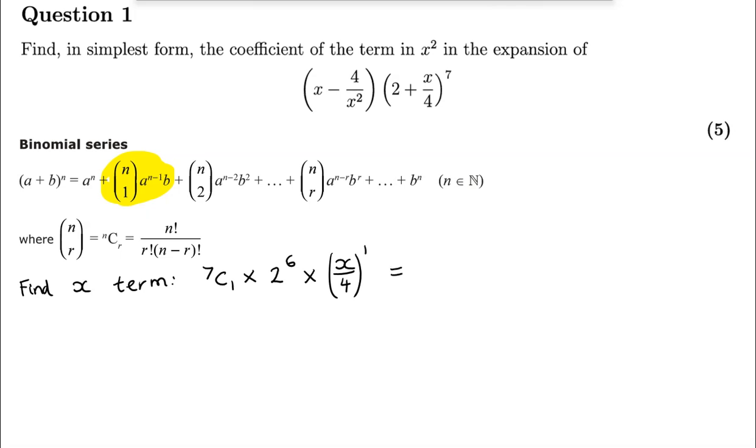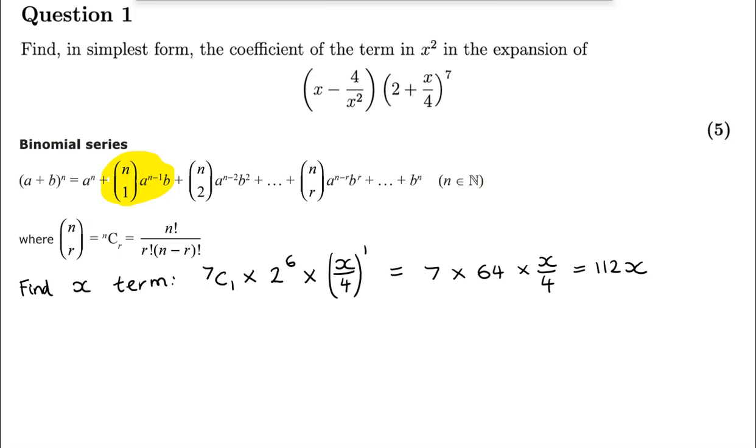And then we can just calculate this. 7 choose 1 is 7. 2 to the power of 6 is 64. And then I just have the x over 4. If I multiply that all together, I get 112x.